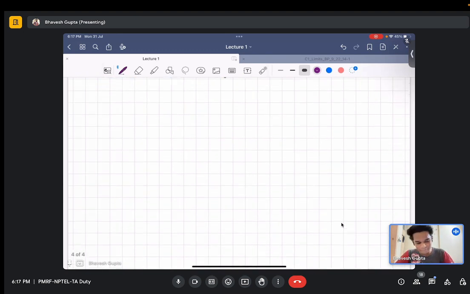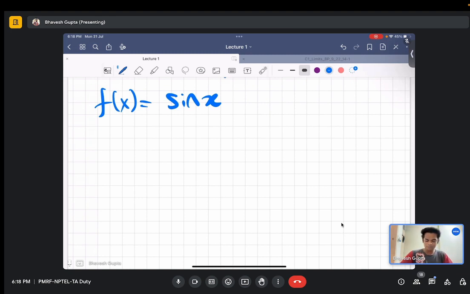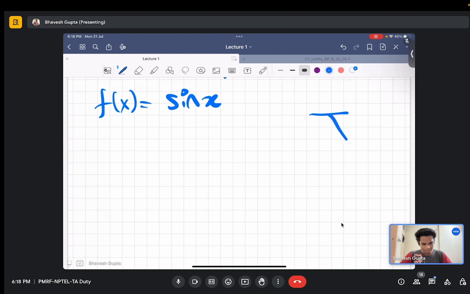For example, when you have a function written this way, f(x) equal to sin x, this is a trigonometric function that you have studied in your class 10th and also in higher school. What this trigonometric function does is it basically explains the oscillatory behavior of a system. For example, you have a pendulum, and you want to understand the motion of this pendulum.